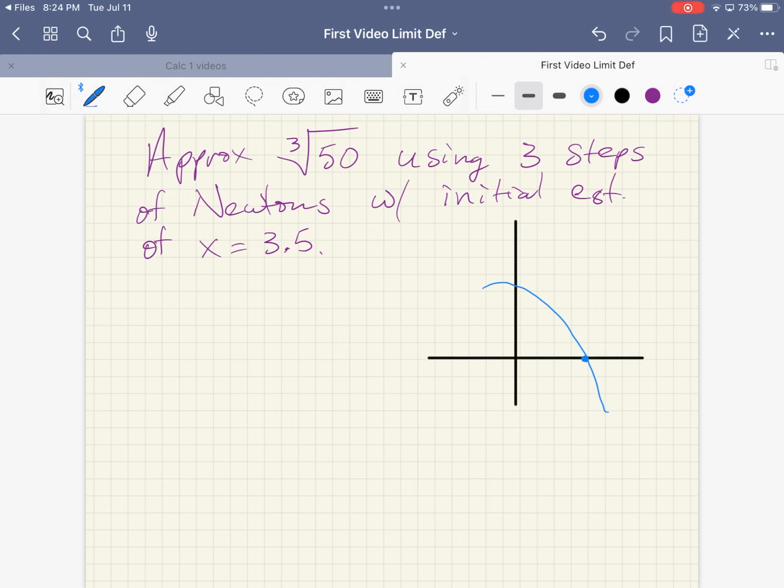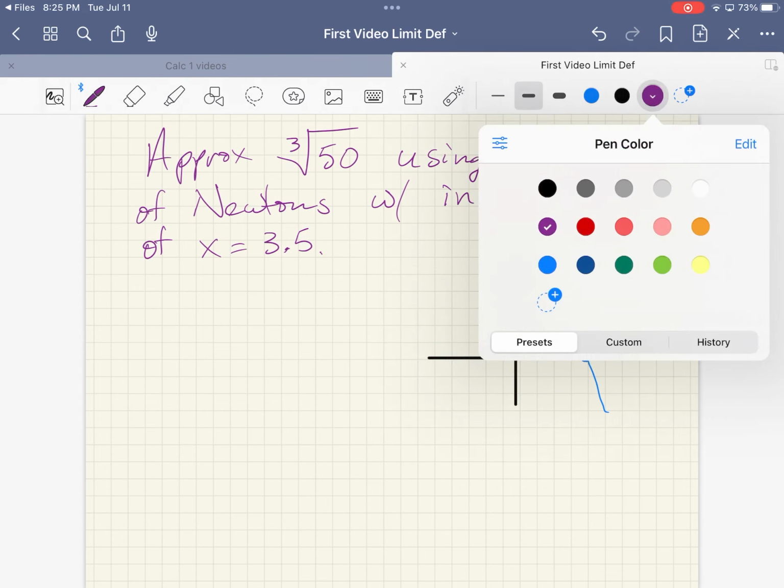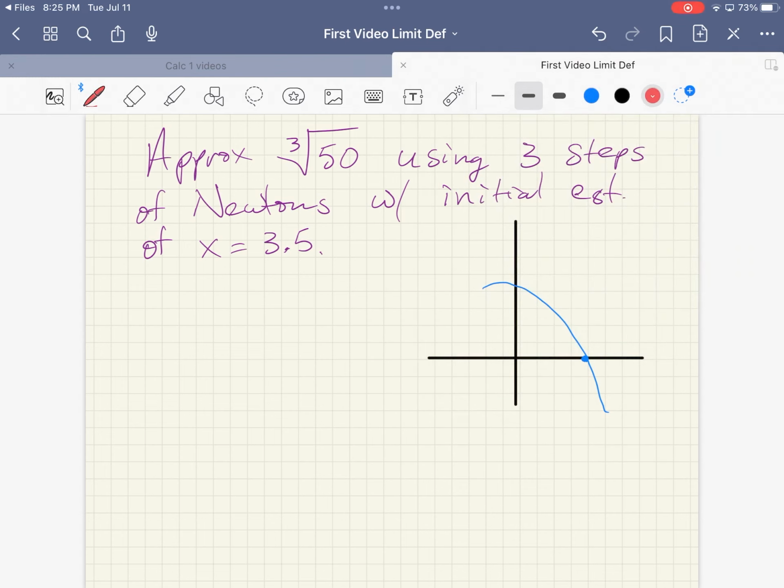And so what Newton's method is going to do is you take an initial guess, and so maybe my initial guess is this value right here. I come up to the function there, and I draw a tangent line to that function right there.